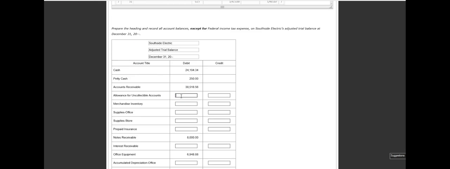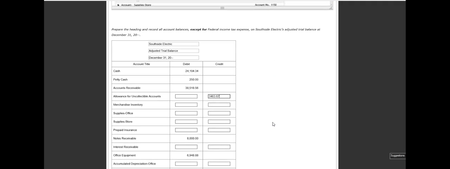Okay, we just checked that one up above, and it's a credit, 3,463.67. Merchandise inventory, I think that was a pretty big number. There it is. Yep, 96,471.25, and that one is a debit.